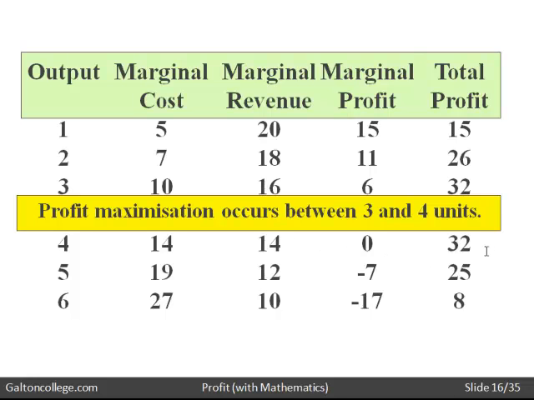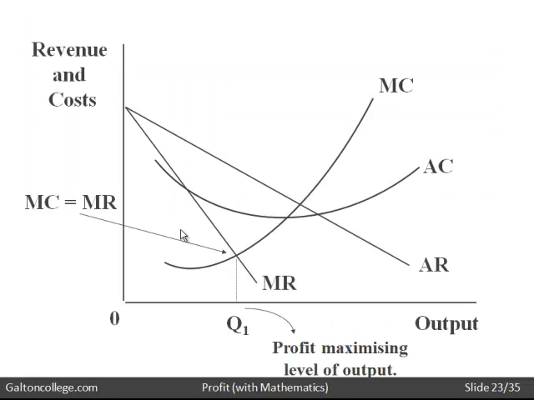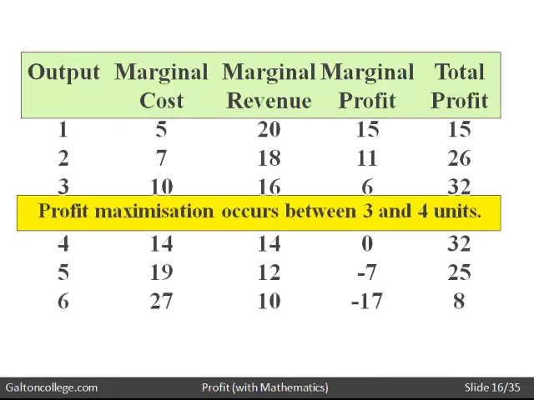So it suggests that 4, in fact, sorry, I've skipped forward. 4, in fact, is the profit maximizing level of output, because marginal revenue equals marginal cost. So it could be somewhere before it, but the chances are it's 4. That is profit maximization. So it's in fact unlikely to be anywhere else other than 4.